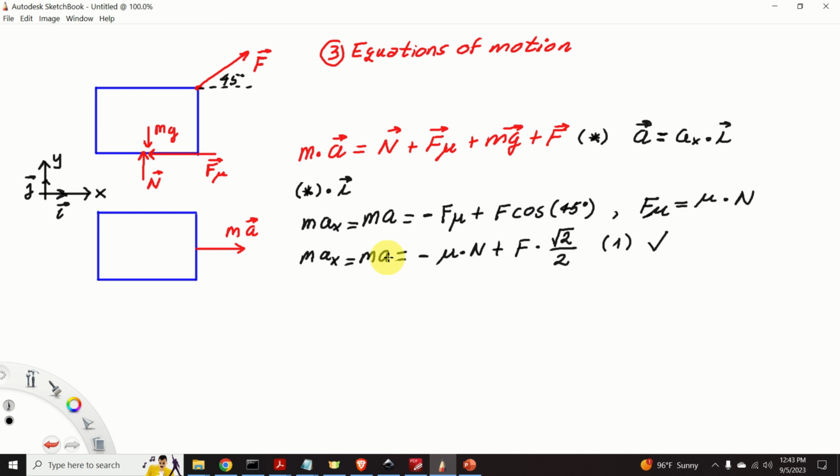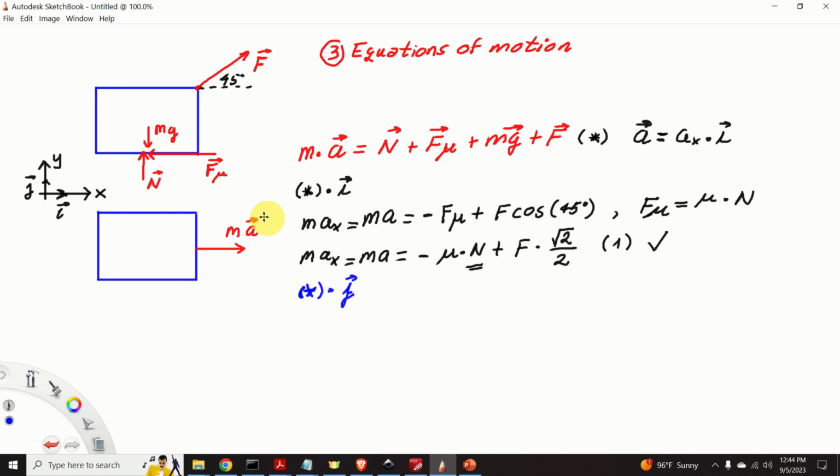We need to determine the acceleration a. However, here's the problem. We don't know the normal force N, and consequently we need an additional equation. That additional equation is obtained by projecting this equation onto the y-axis. Consequently, over here I will write star scalarly multiplied by j, where j is the unit vector of the y-axis.